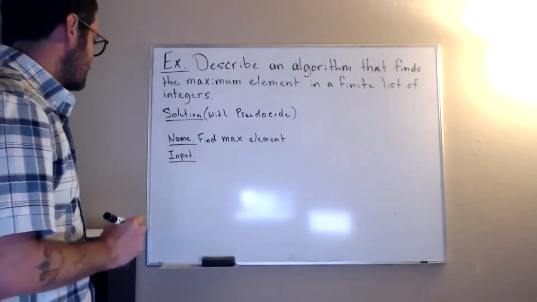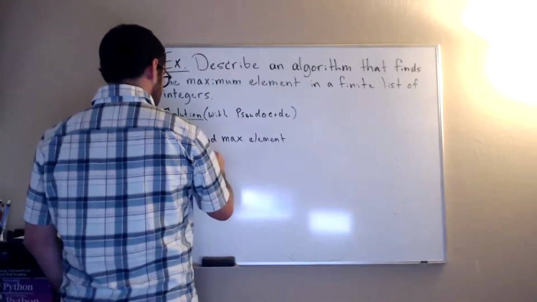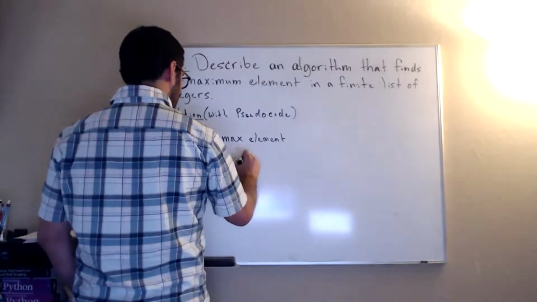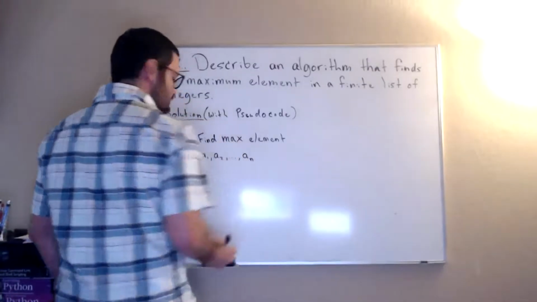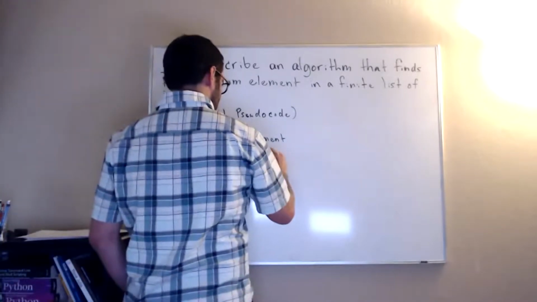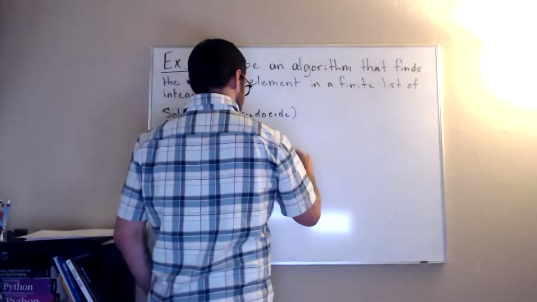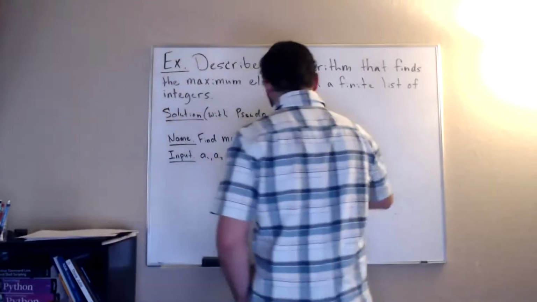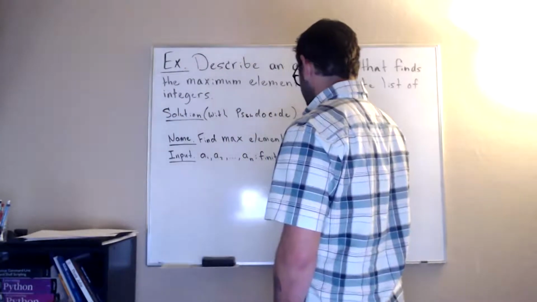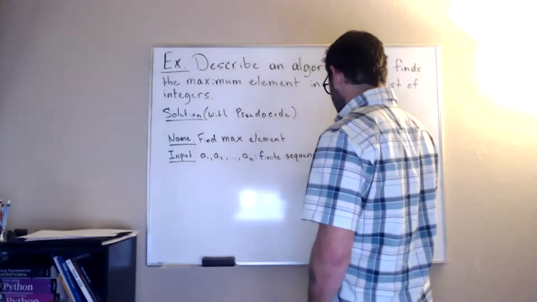Here we're going to say maybe A1, A2, dot dot dot, AN, a finite list, or I'll say finite sequence of integers.